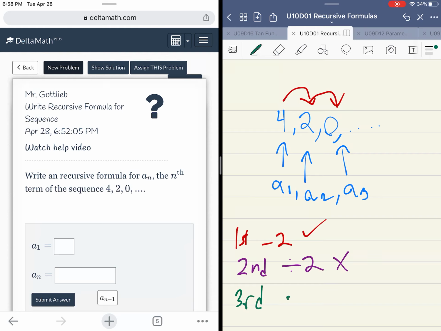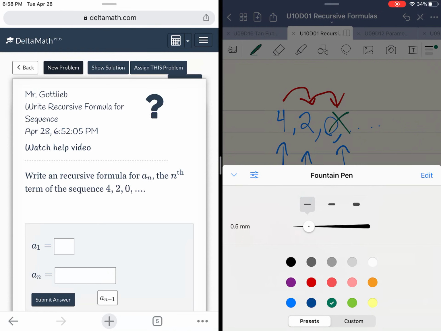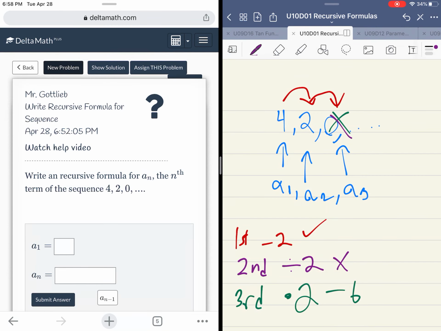So times 2 minus 6, because 4 times 2 is 8, and 8 minus 6 is 2. If we then take 2 and multiply that by 2, we get 4, and when we subtract 6, we get negative 2, which isn't 0. So it fails for the third number, for both the second and third formula that I've come up with.